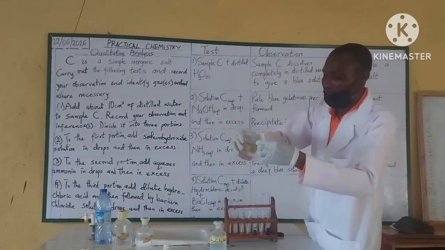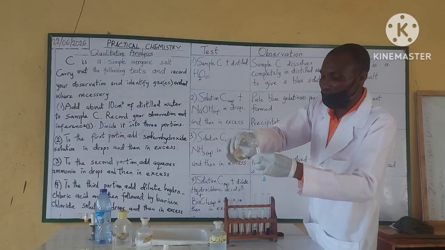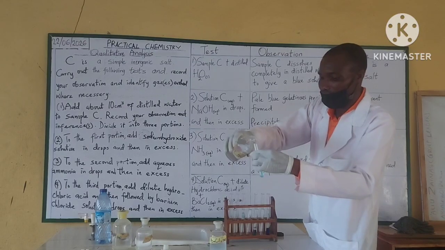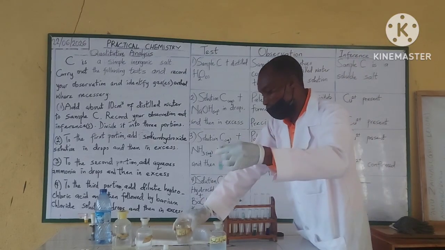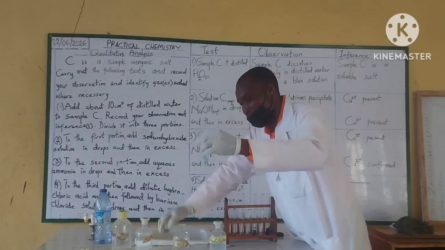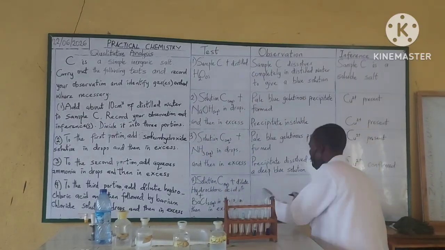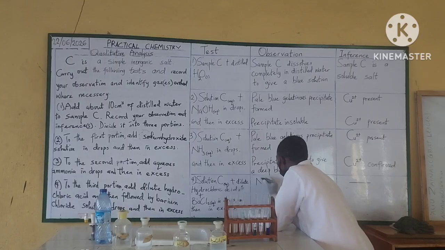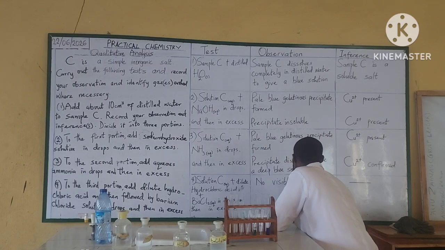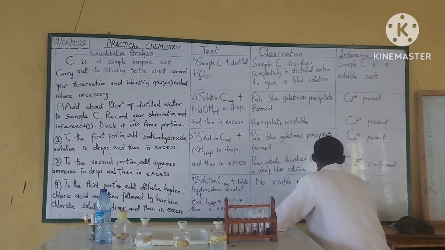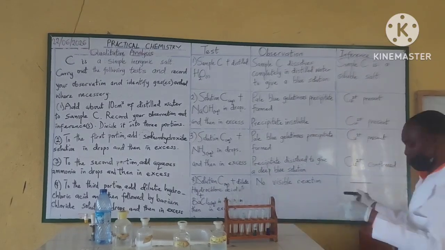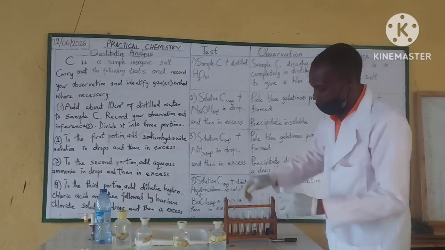Then we add dilute hydrochloric acid. You can see there is nothing visible about it. It's a no visible reaction. Of course, our inference is dash.